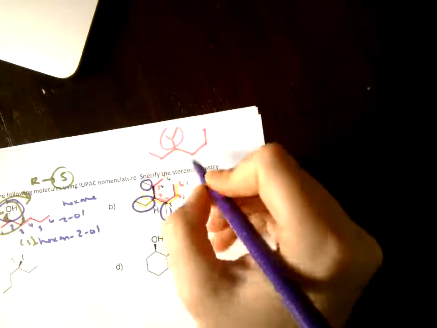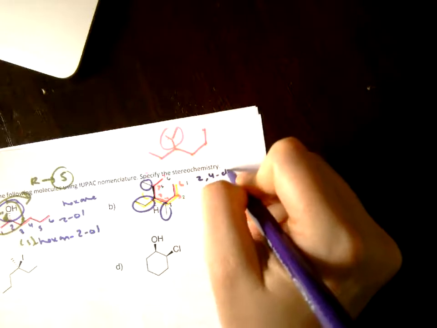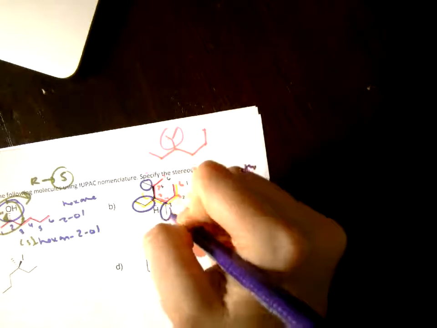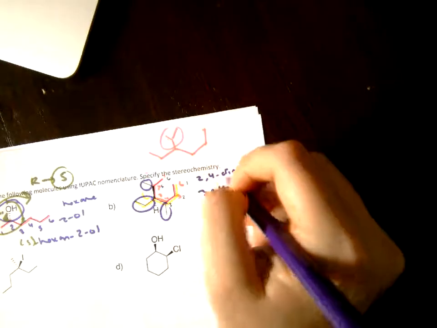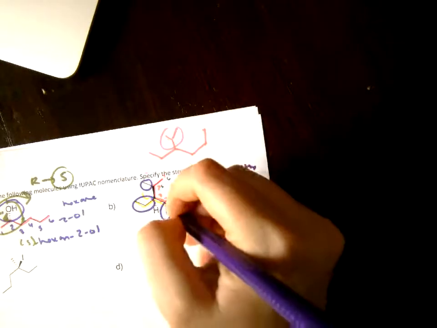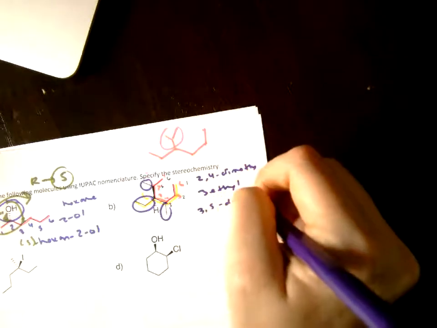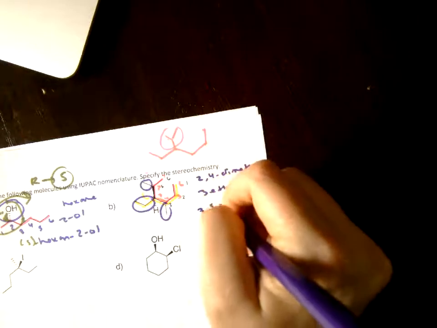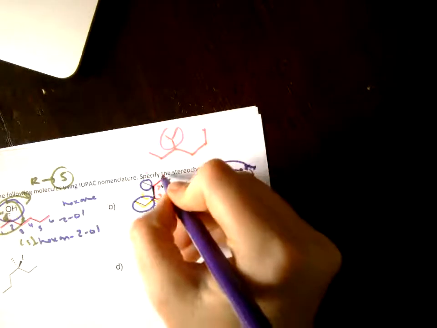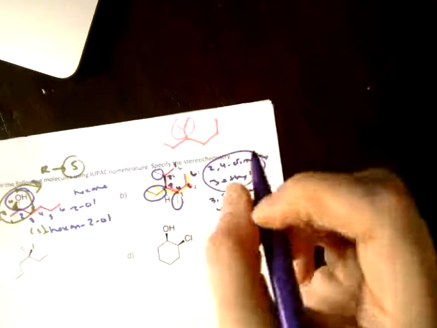Okay, so there's either going to be 2,4-dimethyl and 3-ethyl, or there's going to be 3,5-dimethyl and 4-ethyl. So this one's better. So we'll start with the naming here. 1, 2, 3, 4, 5, 6.